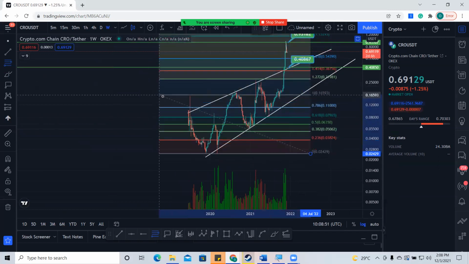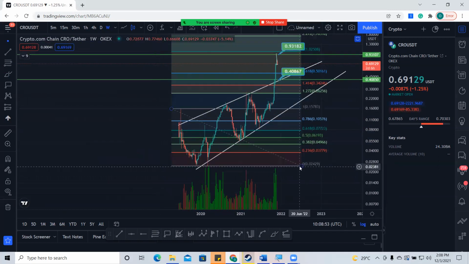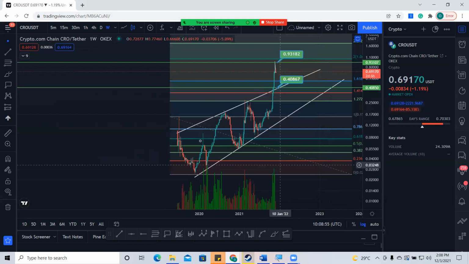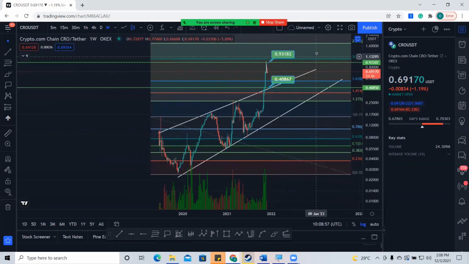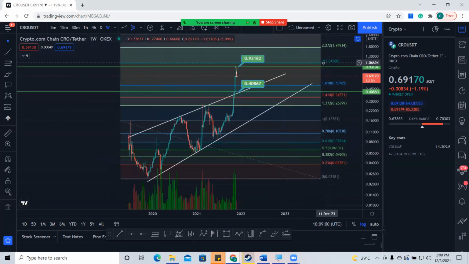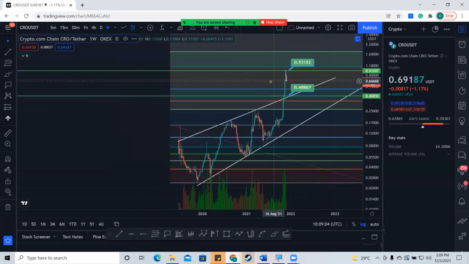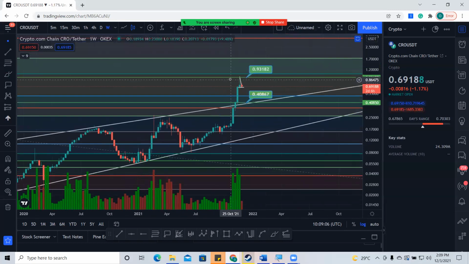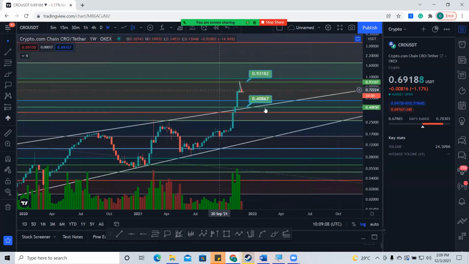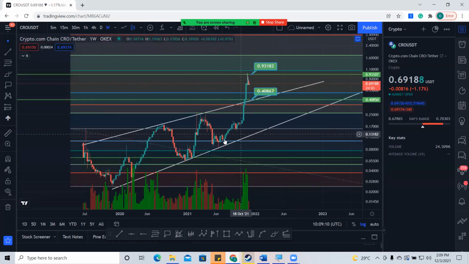Is it going to do that? Measure this move to the right, and you can see the 2 level came in as a resistance for CRO, and the price came down. You can see where it's very close to that. You could also see that this Fibonacci has respected all the levels.